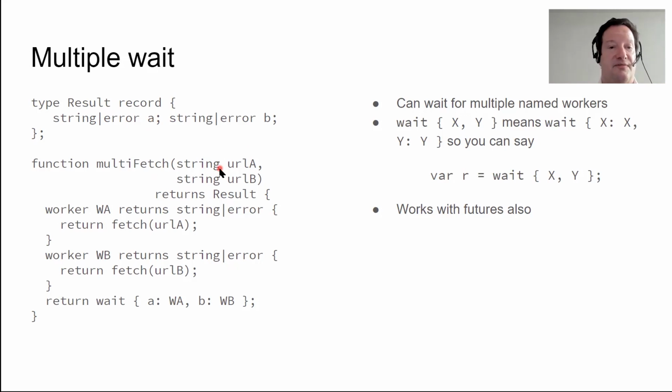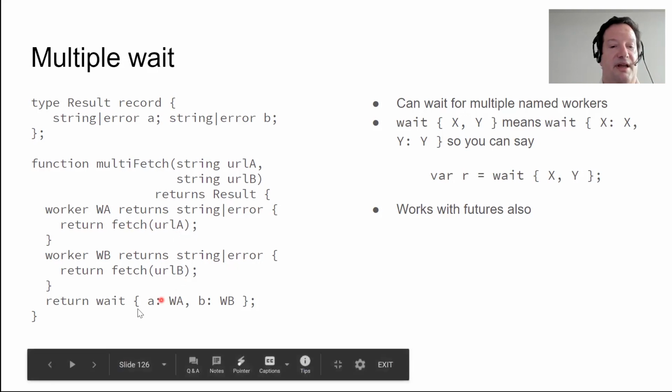And we're going to go fetch from two URLs as before. And this time we want all of them, so we're going to return the result from URL A in the A field and the result from URL B in the B field. So we've got two workers, worker A, worker B. Worker A fetches from URL A, worker B fetches from URL B.